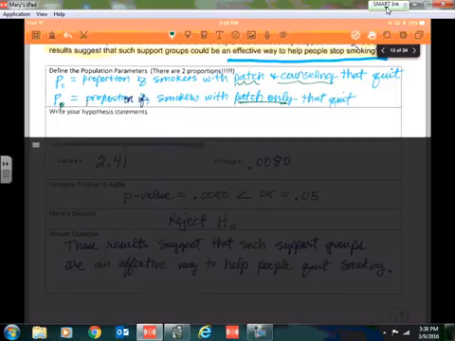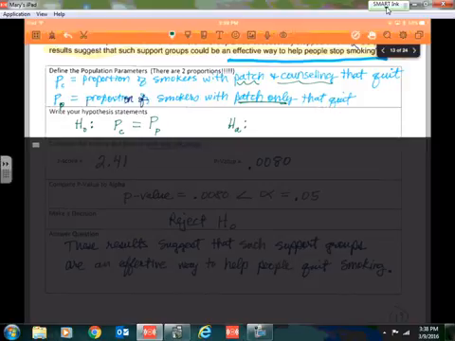All right, so let's do our hypothesis statement. Our null hypothesis, we always start with an equal sign. So we're saying that there is an equal success rate in those two groups. The patch only and the patch with counseling have the same success. Now the alternative is about the question itself.